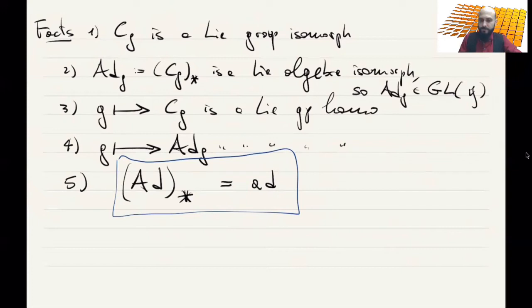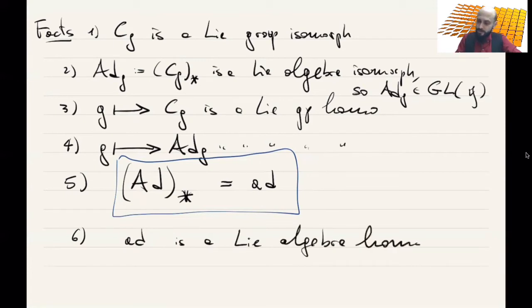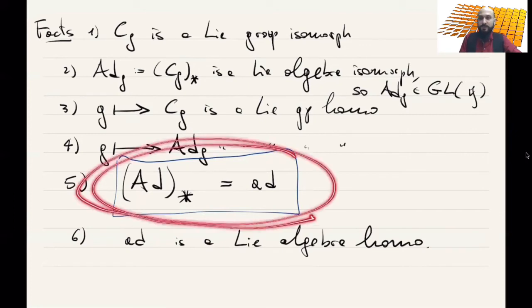Of course, as a consequence of this formula, but it could also be checked directly, little ad is not just a linear map, but it's a Lie algebra homomorphism. Actually, one can directly check this fact just by the Jacobi identity. Okay, but let's discuss more about this formula.